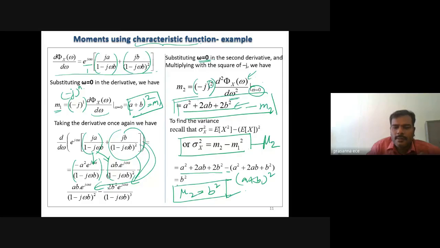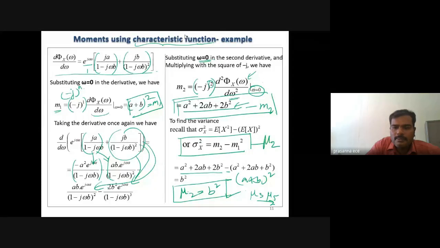For mu2, the simplicity of the characteristic function method will not be obvious to you. When you go for mu3, mu4, mu5, etc., that is higher order moments, then you will see that the characteristic function makes it a lot easier. So we'll stop with this.